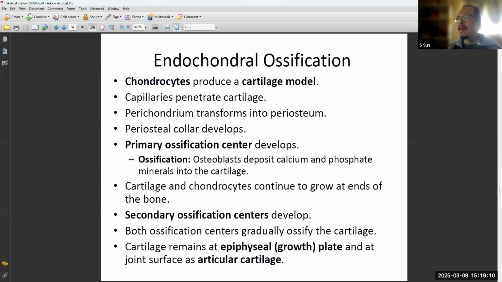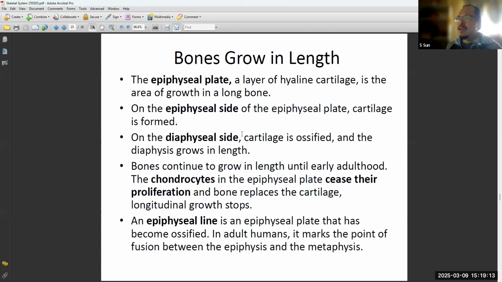So that's bone formation. When bone grows, the chondrocytes will set the template, and because chondrocytes can move, they will move to both ends to create more, basically paving the way for osteocytes to come.